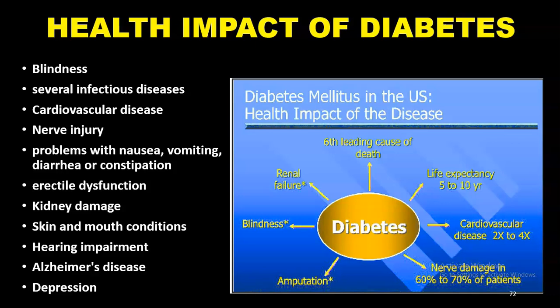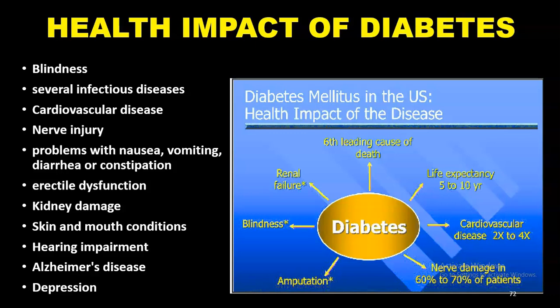Neuropathy, that is nerve damage, in the feet raises the risk of foot ulcers, infection, and ultimately the requirement for limb amputation when combined with diminished blood flow. Damage to the nerves related to digestion can cause problems with nausea, vomiting, diarrhea, or constipation. For men, it may lead to erectile dysfunction.